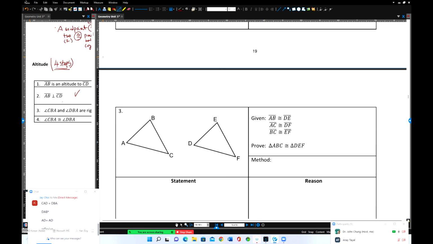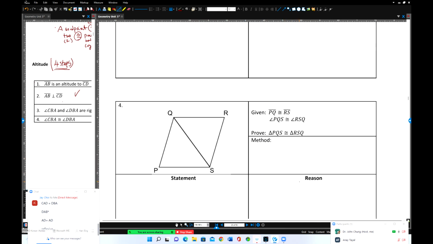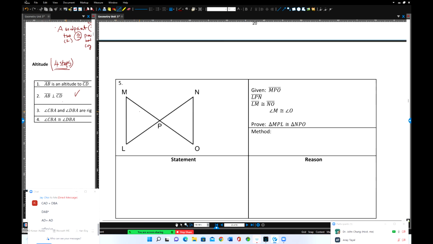This is a side, side, side. Okay, this is homework. You can write down how to use the two-column proof. Okay, that's the homework. This is another homework.